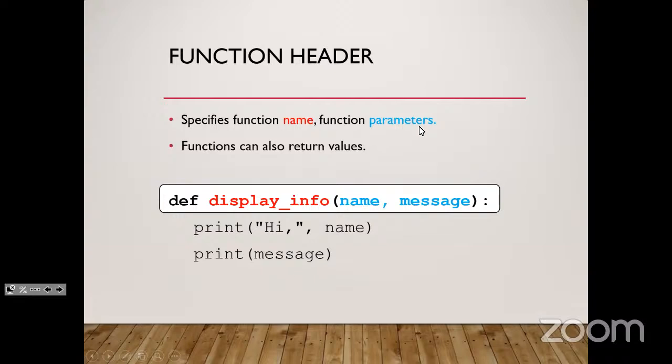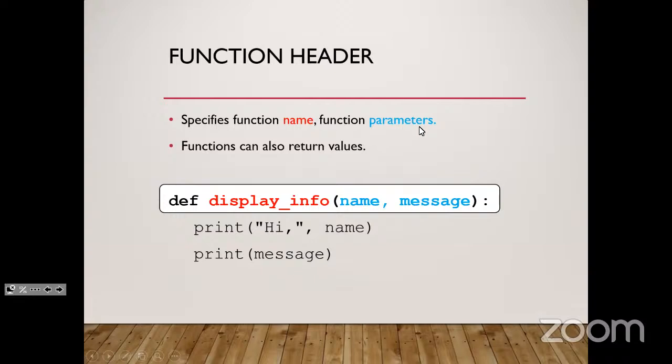So this is just another visual of that with some color coding. This was called display information or display info. It has two parameters. It takes a name and a message. What it's going to do is print out your name on one line and print out the message on the next line.